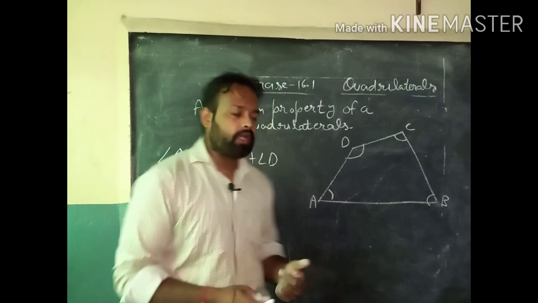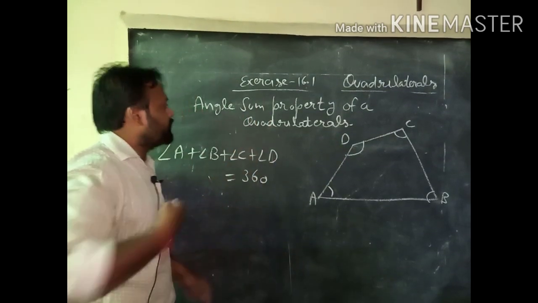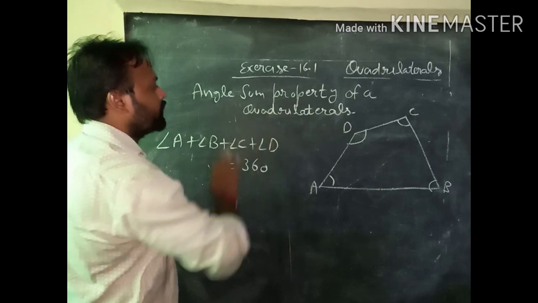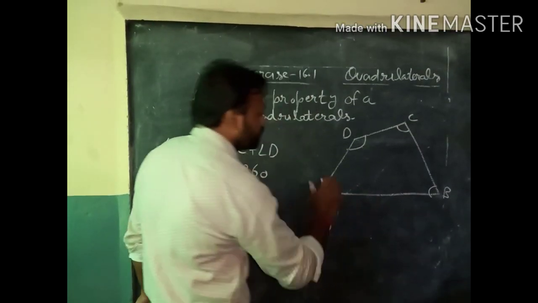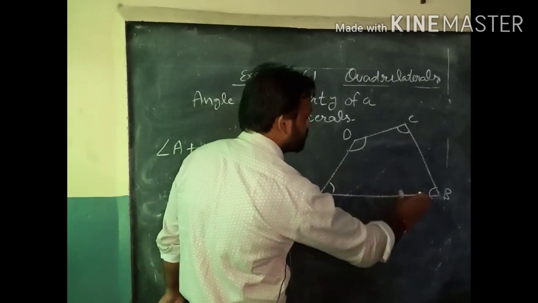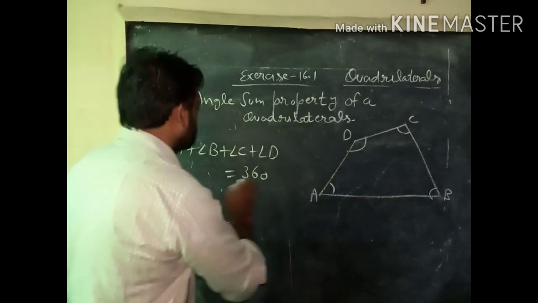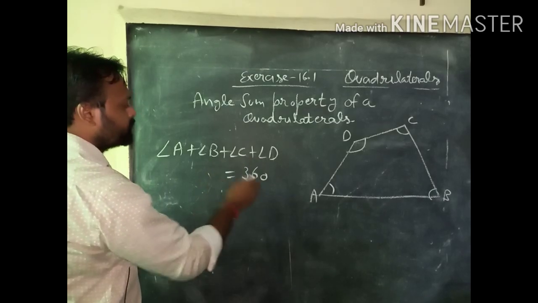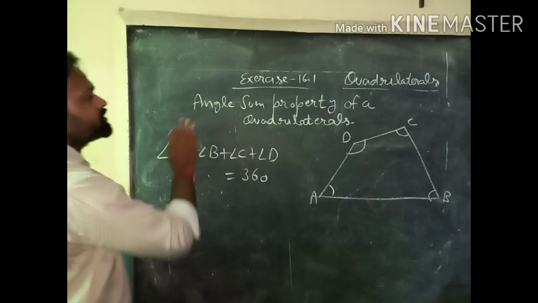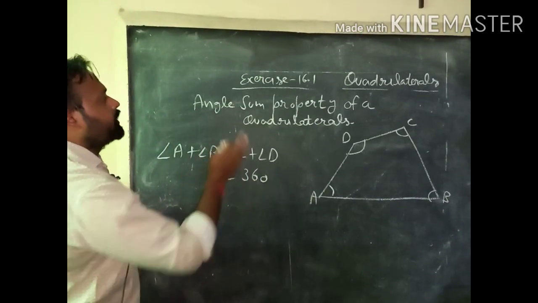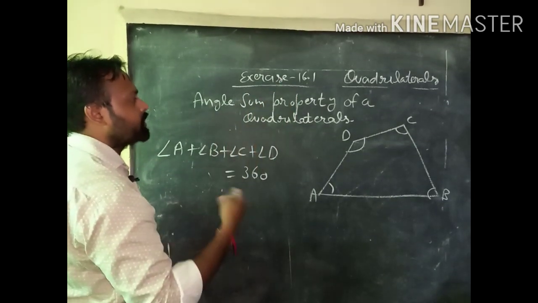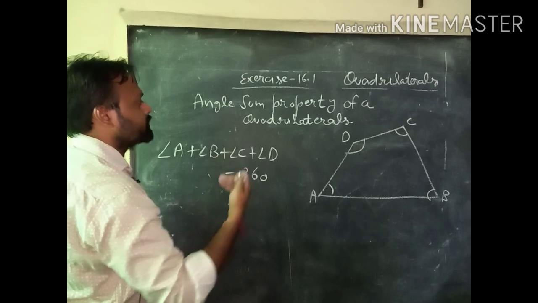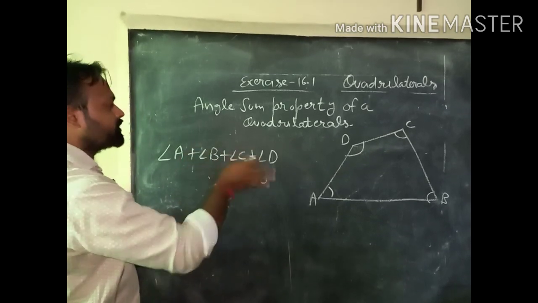This is called the angle sum property of a quadrilateral: when we add the angles of the quadrilateral, angle A plus angle B plus angle C plus angle D, the sum of all the angles is equal to 360. Only this much we have to understand in this exercise 16.1. So this is very easy.